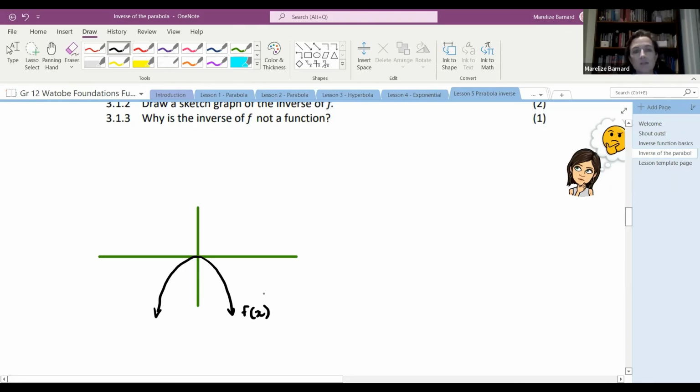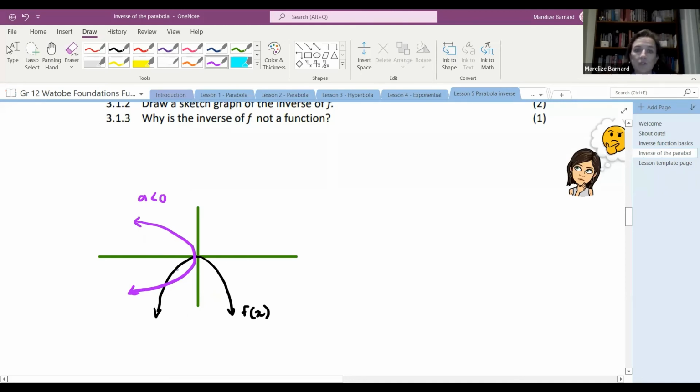Okay, so if we are going to do the inverse of this one, this is an unhappy face parabola, so its inverse is going to come this way because a is smaller than 0. So it's just a sketch graph. 2 marks, just to see if you know what the shape looks like.